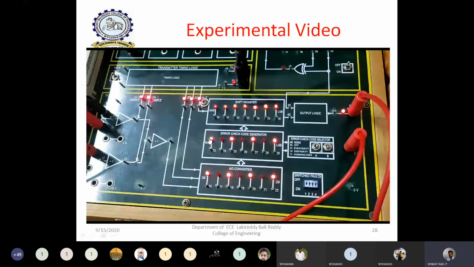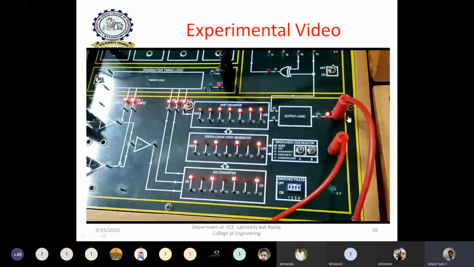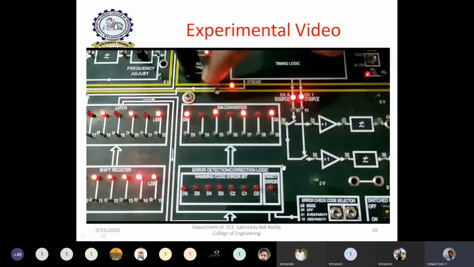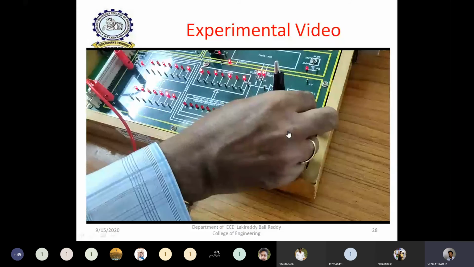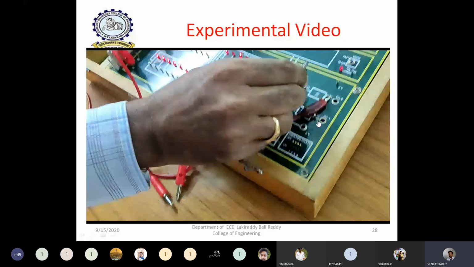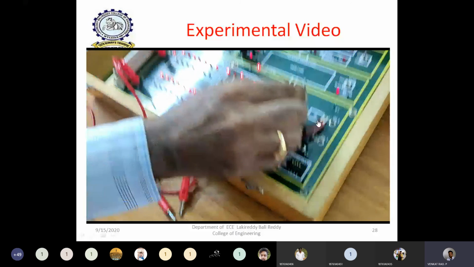The same thing is decoded here. Based on this decoded sequence, you can get the reconstructed original demodulated signal here. If you observe this point in the CRO, this is the decoded sequence. In the CRO, I'm connecting this to the CRO probe positive and 0 to the negative.